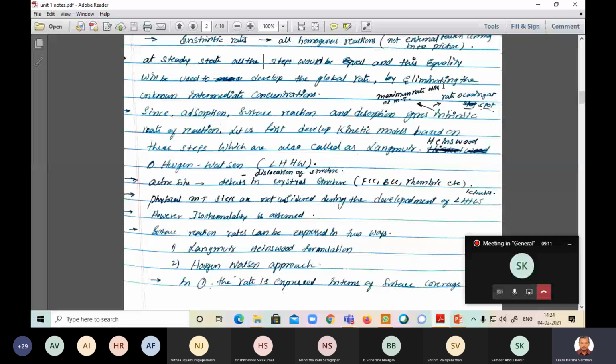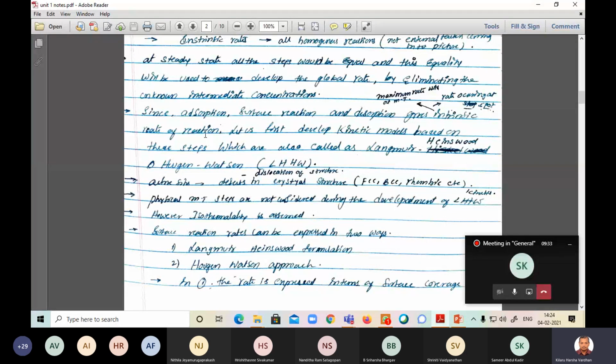Once you do that, you can eliminate the intermediate concentrations, which are unknown. Since adsorption, surface reaction and desorption each give an intrinsic rate, each step will give you an intrinsic rate.